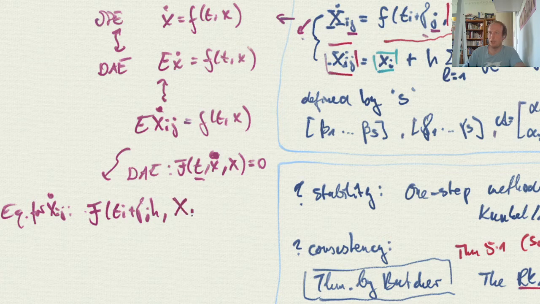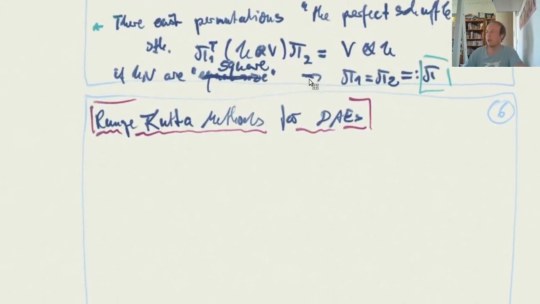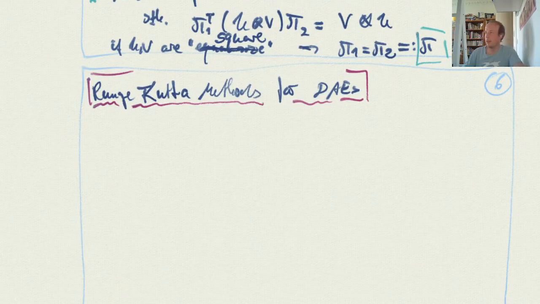Then we put here in the stage derivative value, and because it's implicit, we have to put this here as well. Okay, so much for how one can formally apply a Runge-Kutta method for DAEs. And that's how we start.